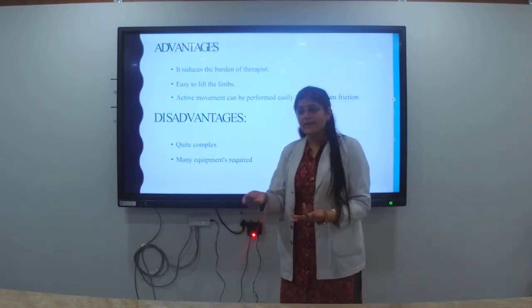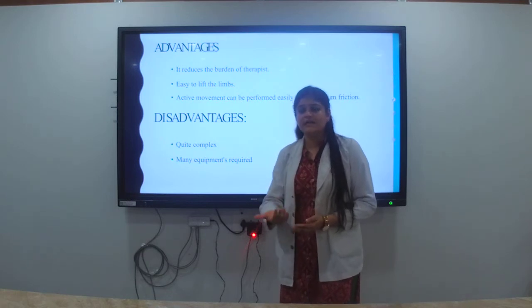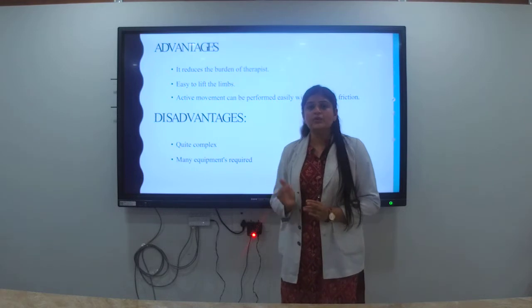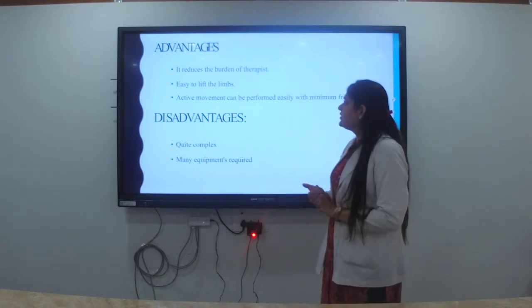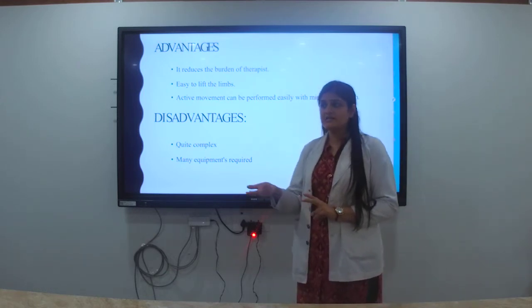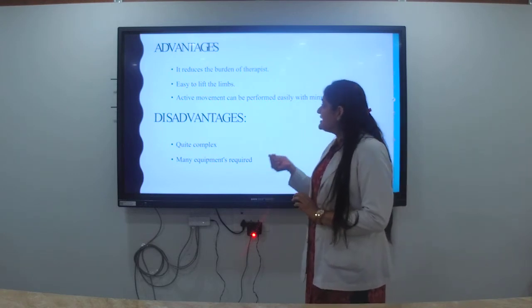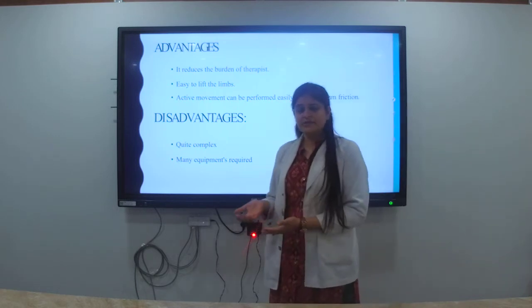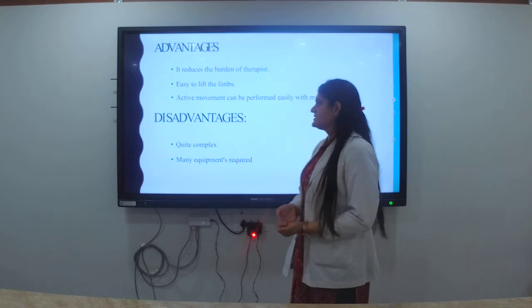So instead of the therapist lifting the limbs and taking care of the passive movements and the active assisted movements, the limb can be very well freely suspended and only the instructions are needed from the therapist side. So it reduces the burden of the therapist, especially in cases with obese patients, with paralysis, with stroke, spinal cord injuries. It's easy to lift the limbs, as I said. The weight will be taken by the suspension therapy instruments and not on the physical therapist.